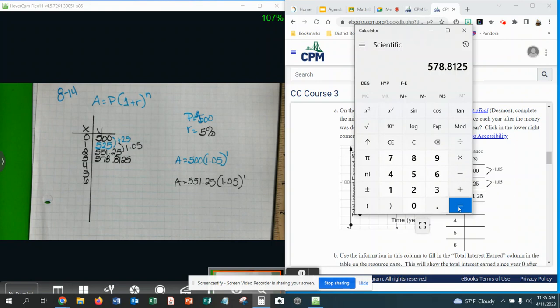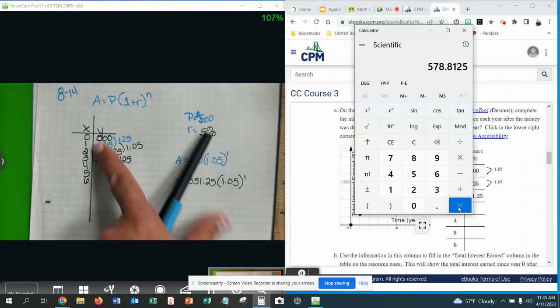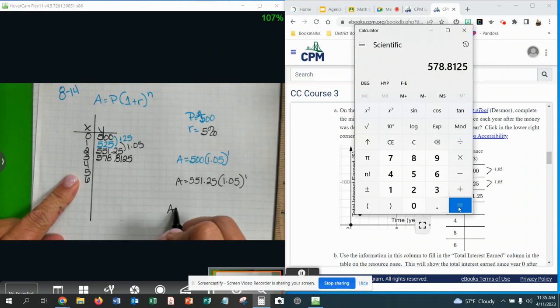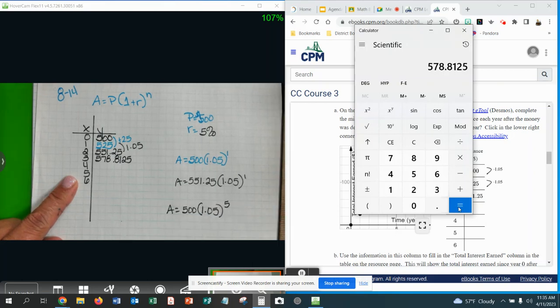Great. Now, take a minute and start from the beginning, and let's put year 5 in there. So your formula should look like 500 times 1.05 times 5. That's what you should get. Everybody plug this into your calculator. We're looking for year 5. We're skipping forward.